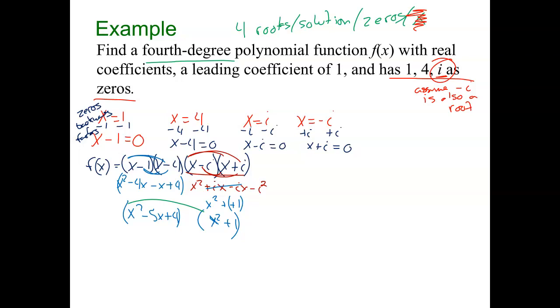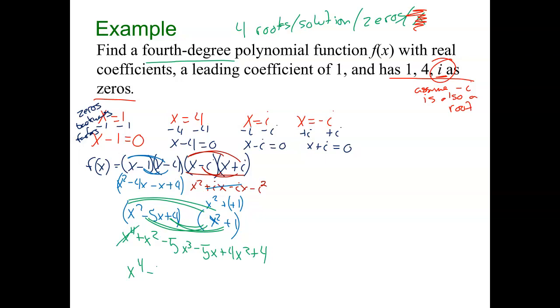Okay? So x squared times x squared, x to the 4th, plus x squared, minus 5x to the 3rd, minus 5x, plus 4x squared, plus 4, and then we just combine all like terms together. I'm starting with x to the 4th, then I go to my next lowest power, which is 3.